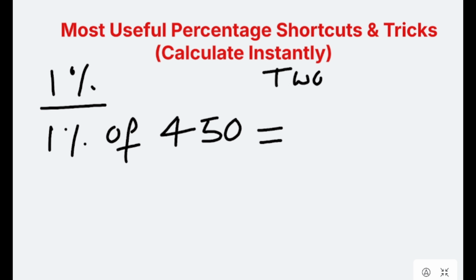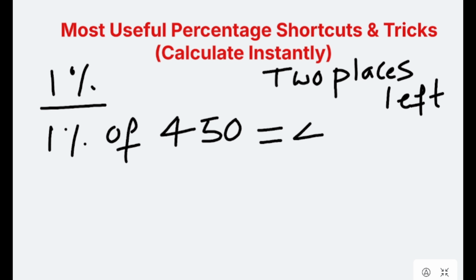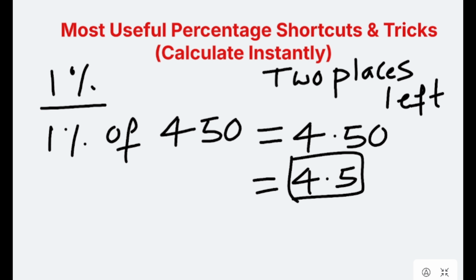We have seen the technique for 10%: we move one place to the left, but here we are moving two places to the left, which would be 4.50. Or you can just say the answer is 4.5. So 1% of 450 is 4.5.